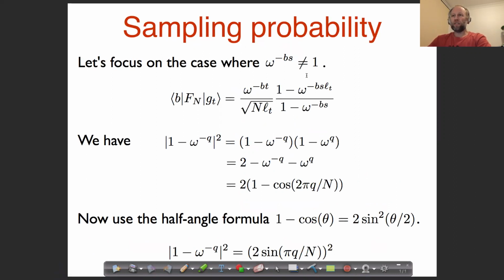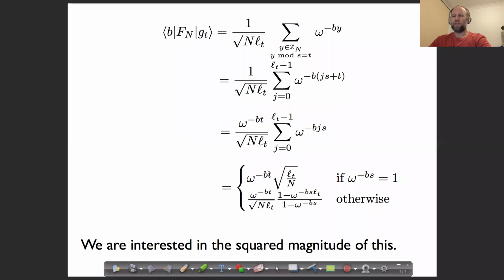We're going to focus on the case where omega to the minus bs is not equal to 1. In the other case, there's nothing to do; that's already computed here.